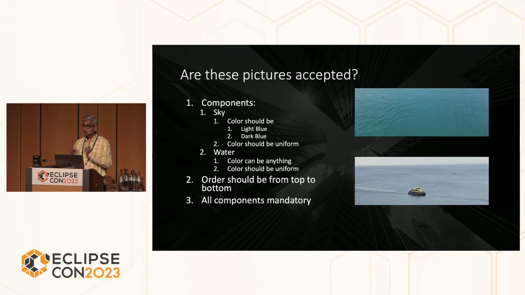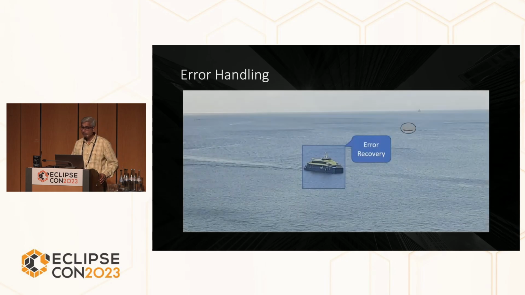First picture? No, because the sky is missing, and we said all components are mandatory. Second picture: the color should be uniform, but it is not uniform because there is some object out there.